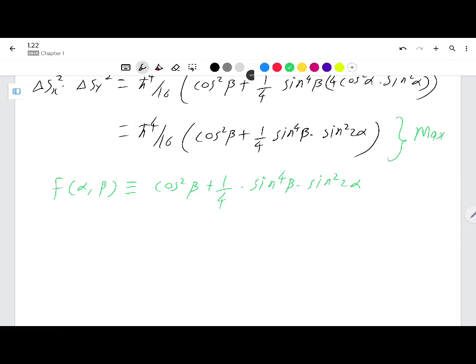If sin 2 alpha is plus or minus 1, we mean that 2 alpha is plus or minus pi by 2.